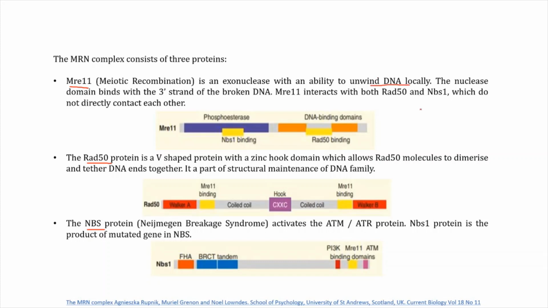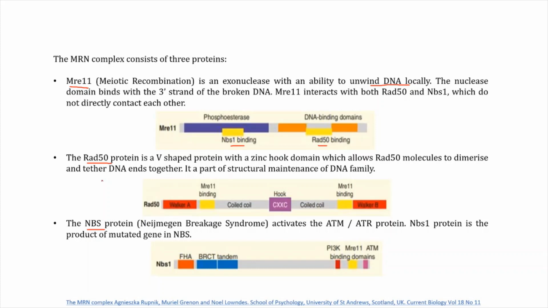It has a phosphoesterase, which is the nuclease domain. It binds with the 3' strand of the broken DNA. And this MRE11 helps in binding of NBS1 and RAD50, which usually do not directly interact with each other.